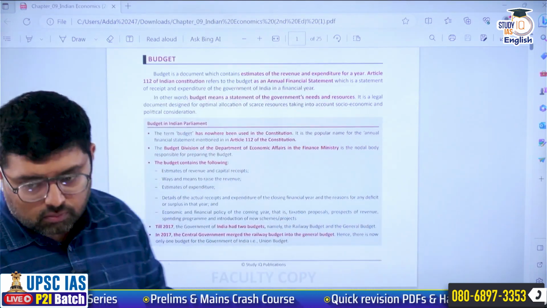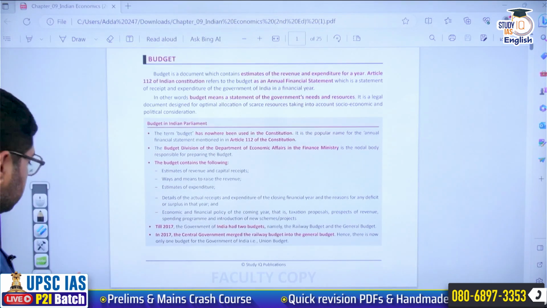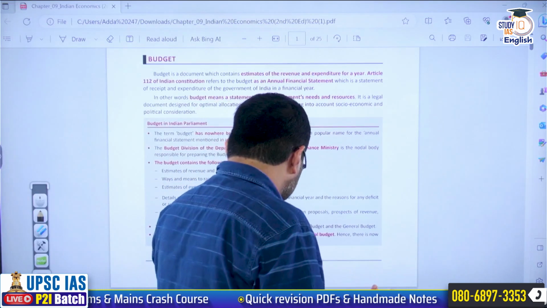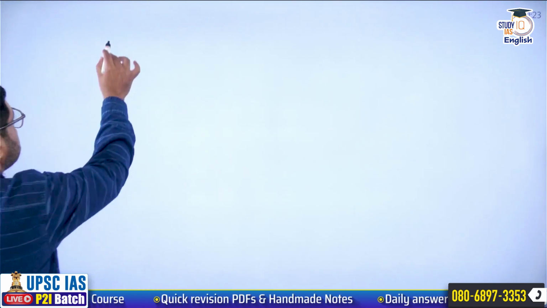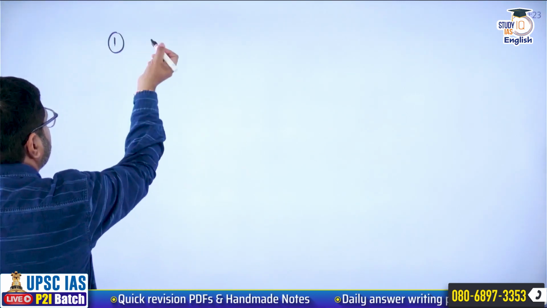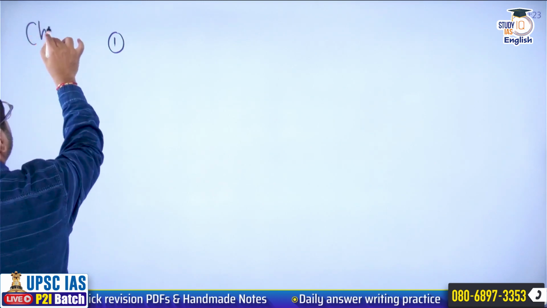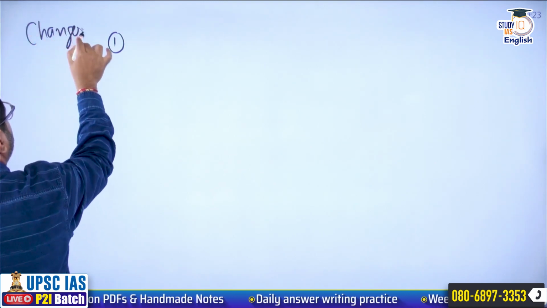Now if you see, in 2015 we brought so many changes in the budget. What changes have we brought?